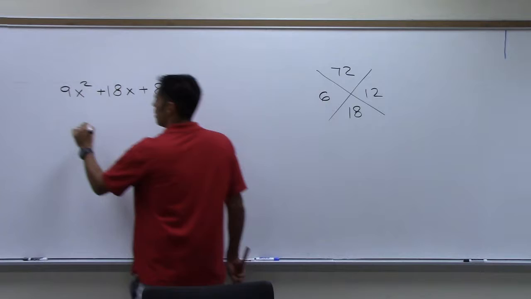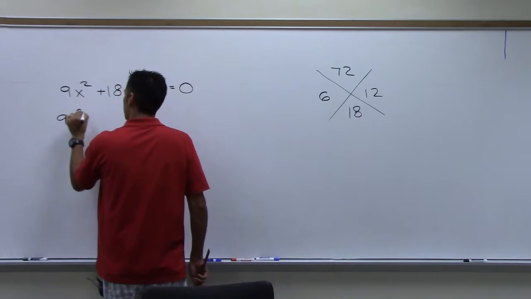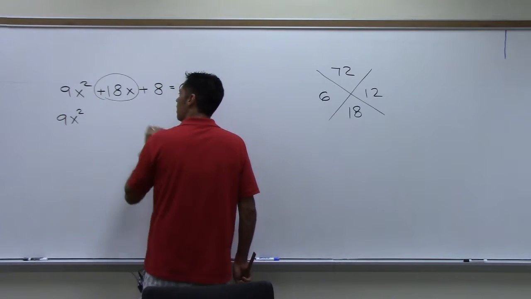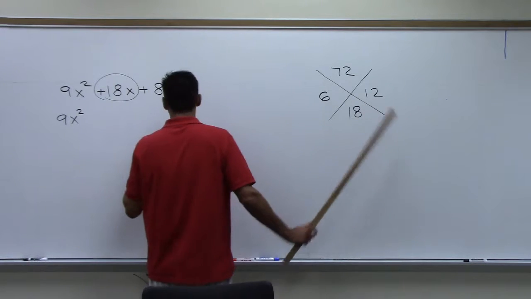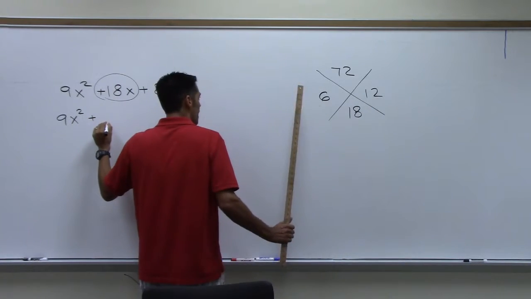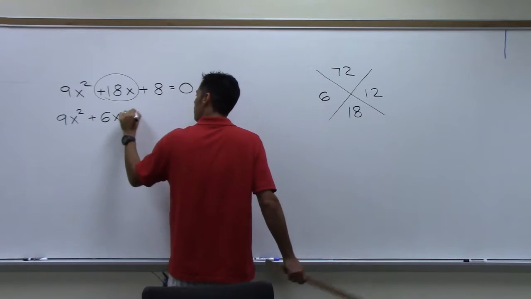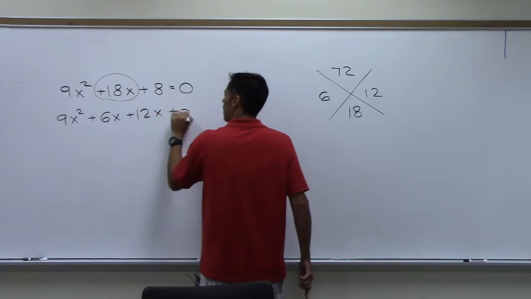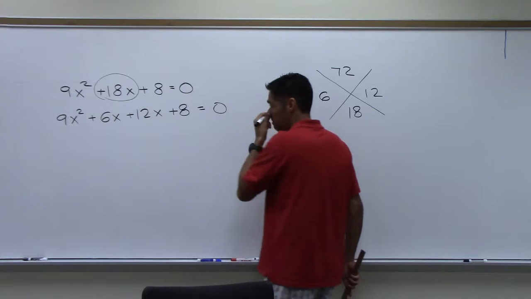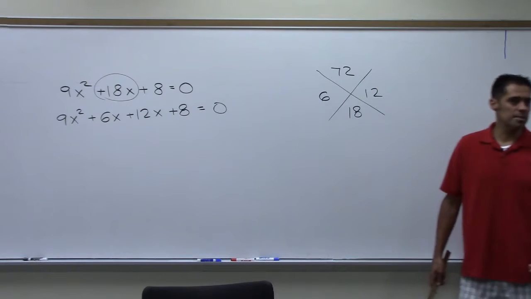And then we rewrite this as 9x squared, and then we're going to rewrite the 18x using these 2 numbers. Since they were both positive, I'll put plus 6x and plus 12x, then plus 8, and then equals 0. And now we have 4 terms, and then we do grouping.